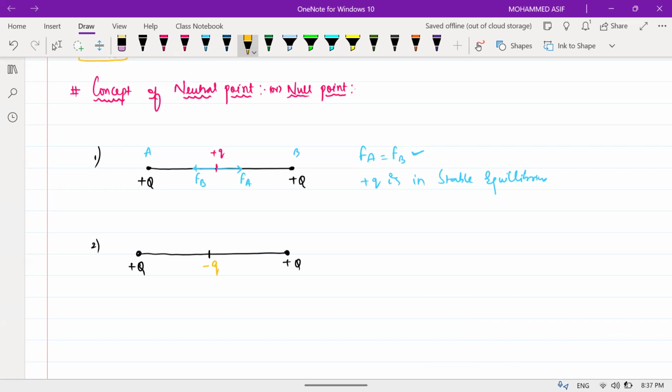So then also it will be stable equilibrium, because equally attracting forces will be there. The middle charge is negative, isn't it? Think.